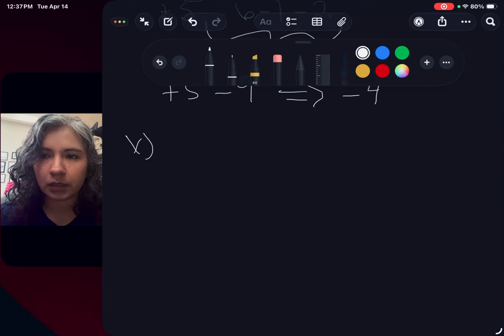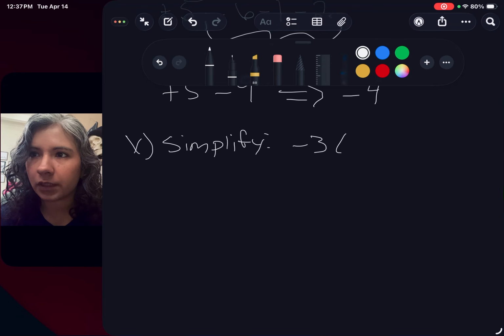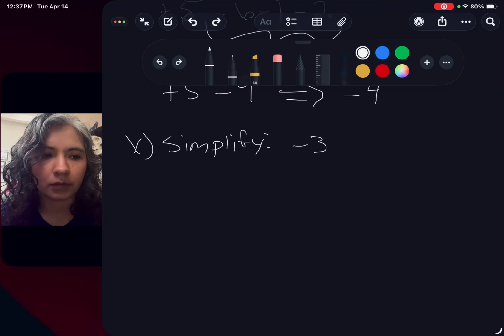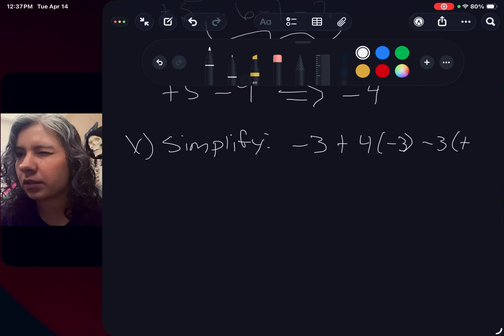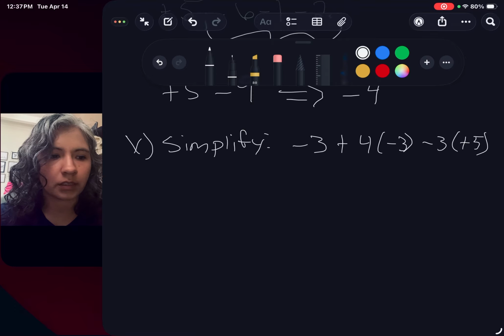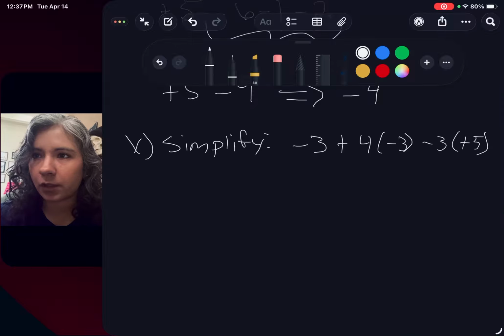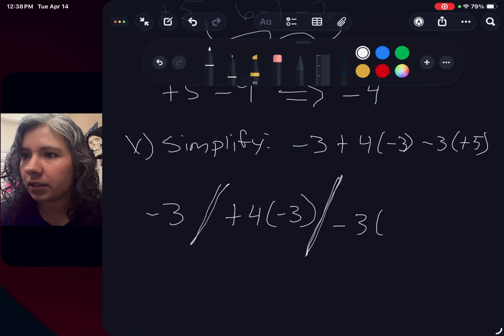So let's do an example, simplify -3 plus 4 times -3 minus 3 times plus 5, which if we do slashes to separate terms, let's do -3 slash plus 4 times -3 slash minus 3 times plus 5.